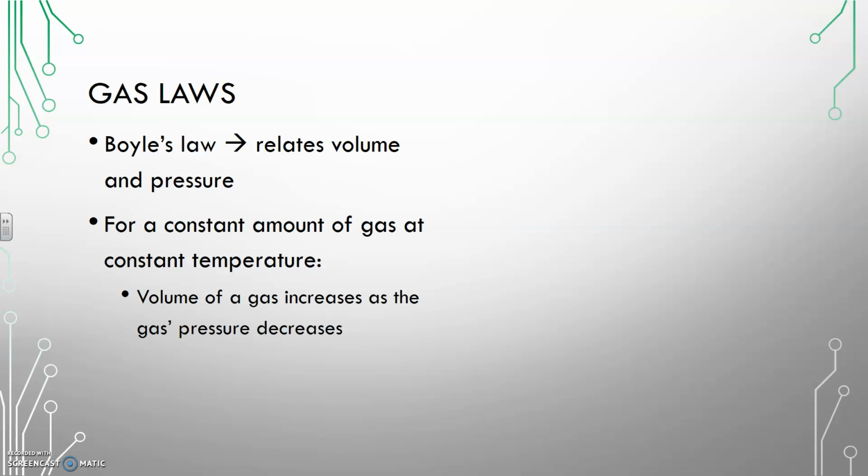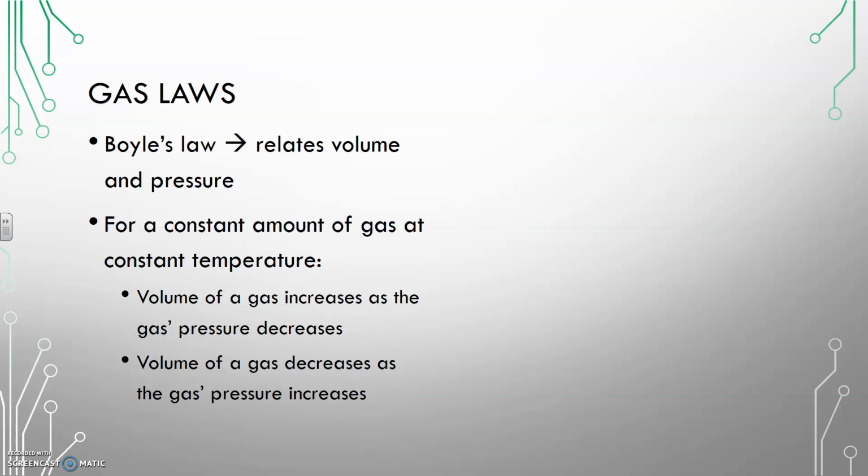The volume of a gas will increase as the pressure decreases. You can think about this as if you've got a balloon in your hands. If you're pushing on all sides of the balloon, you're going to start decreasing the volume in that balloon. And as the volume of a gas decreases, the pressure increases.